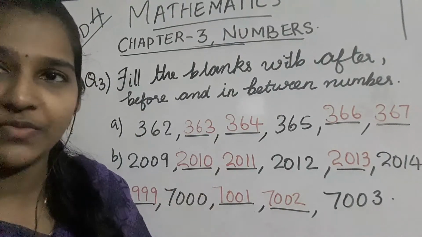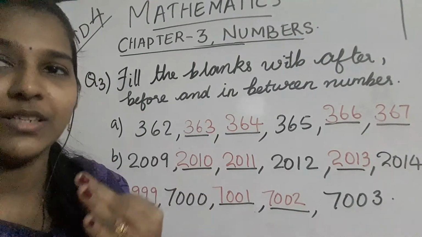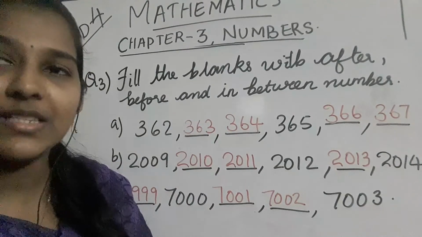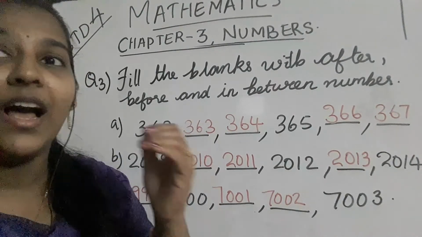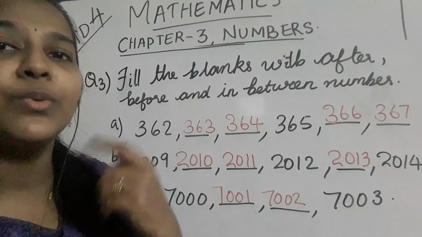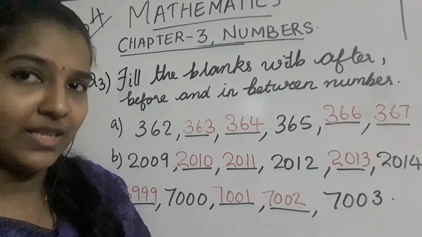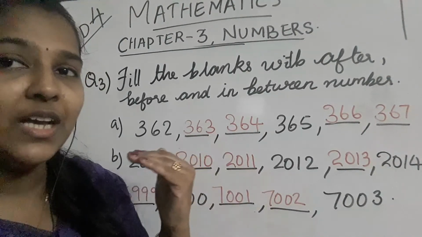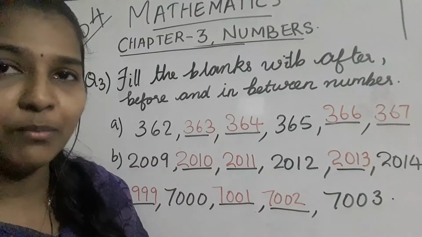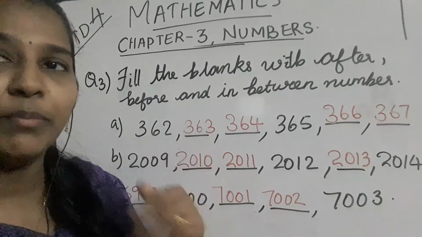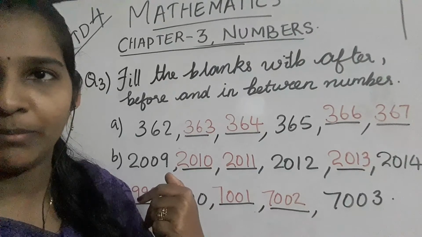So my dears, today we discussed the numbers up to 4 digit. Okay, that means first 1 digit number, 2 digit number, 3 digit number and 4 digit number. These all numbers we discussed, and we know how to write the number name for these numbers, and how to write the numeral for the given number names, and how to find out the before, after and in between number.